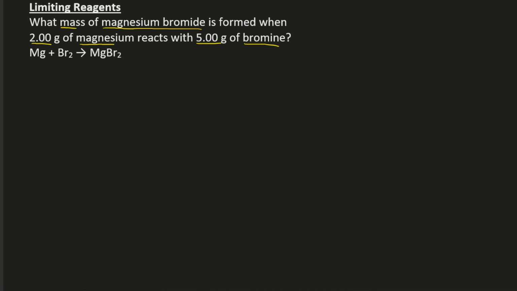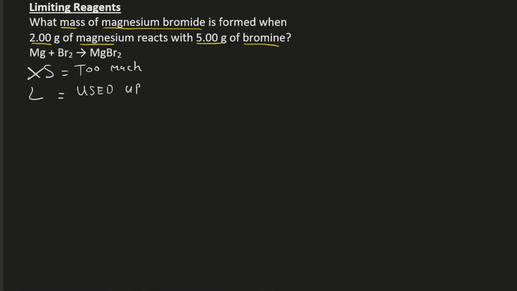Now when something is in excess, we basically are saying that there's lots of it available, all right? Too much, that some of it becomes left over. And the limiting reagent in this case would be the one that is going to be used up first.